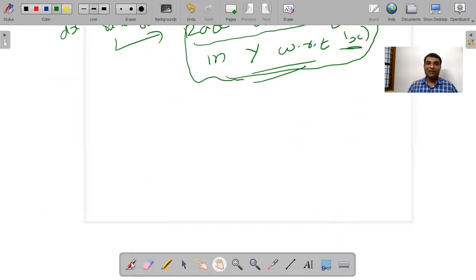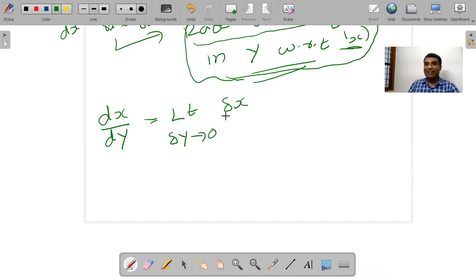Suppose somebody writes dx by dy. What does that indicate? The rate of change in the variable x with respect to the variable y. As per the classical definition, or ab initio method, or first principle of differentiation, we can write this as limit delta y tends to 0 of the ratio delta x by delta y.